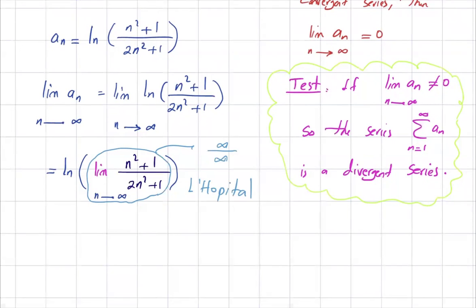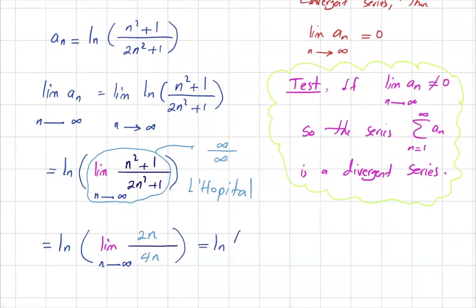You get ln of the limit of the derivative of the numerator, which is 2n, divided by 2 times 2, which is 4n, and then take the limit as n goes to infinity. But you can simplify this.